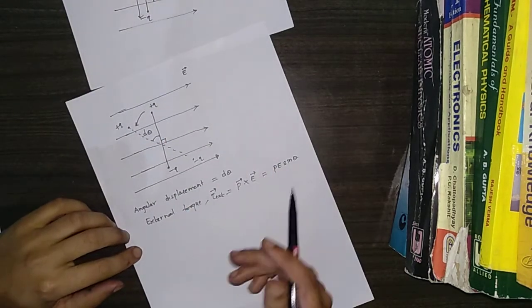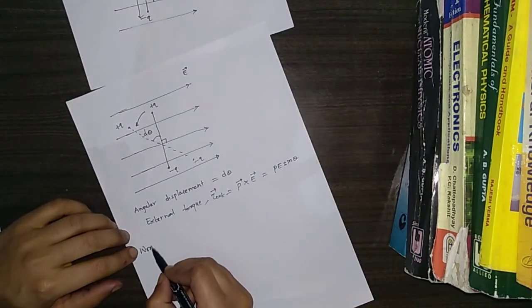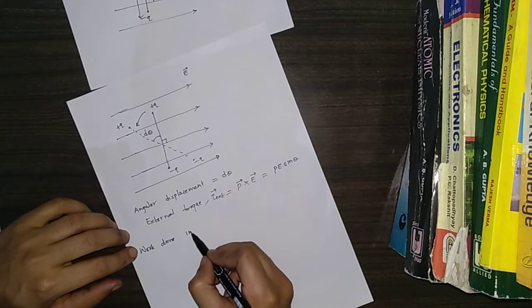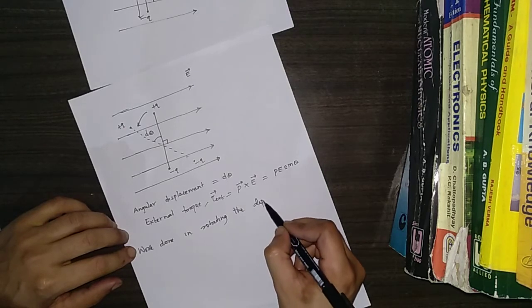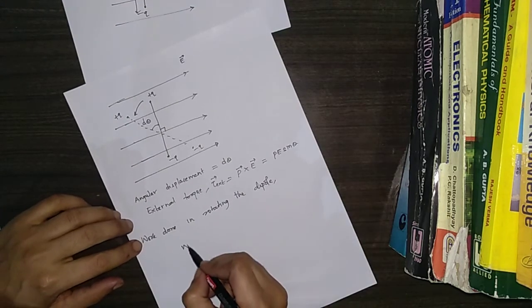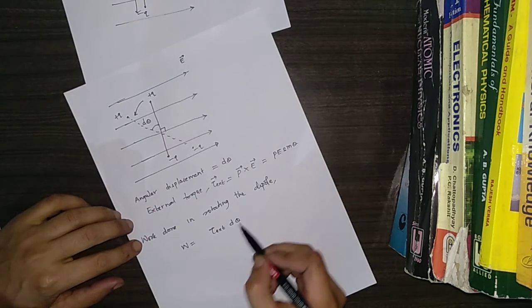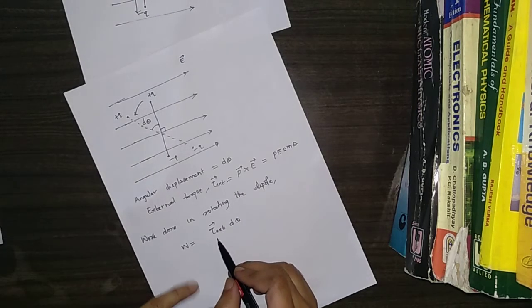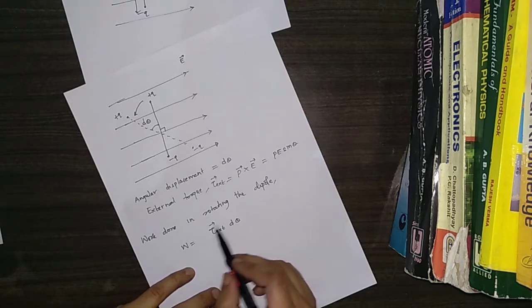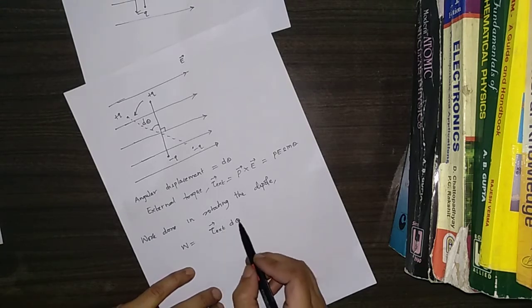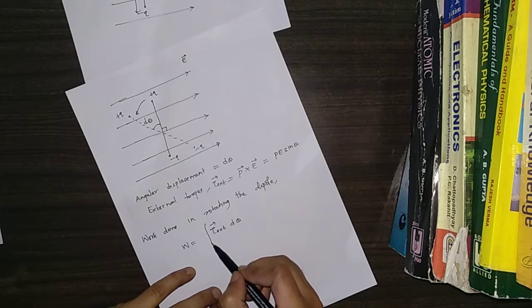So you have an external torque and an angular displacement. The work done in rotating this dipole by an angle of d theta will be tau external times d theta, that is force dot displacement. In rotational motion there is a torque, and instead of linear displacement there is an angular displacement.